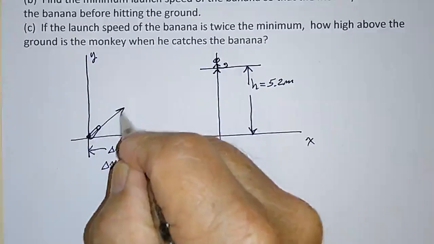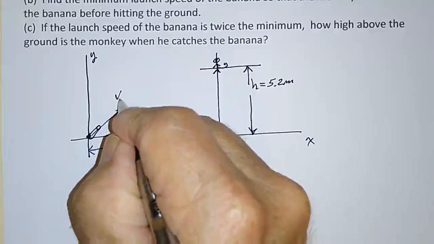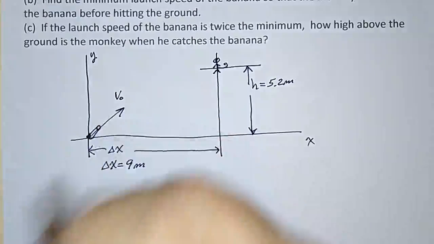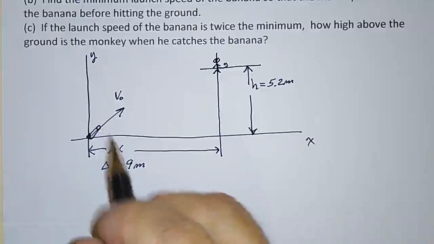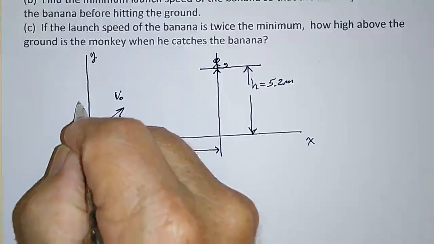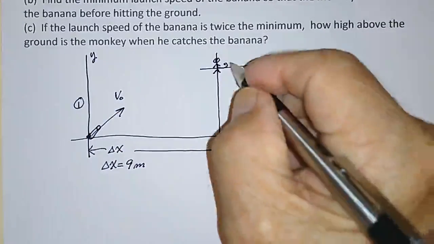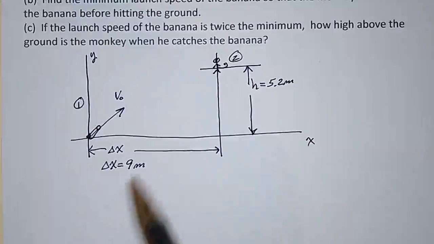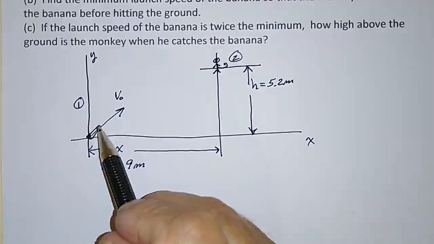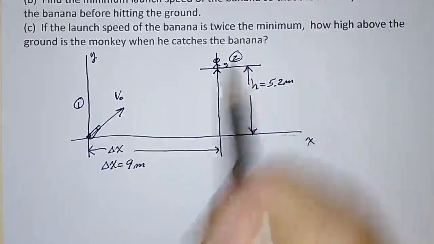This is v naught, which represents the initial velocity of the cannonball. And I'm going to refer to this as item 1 and this as item 2. So when I write my equations of motion, I can distinguish between what's happening for this object and what's happening for this object.